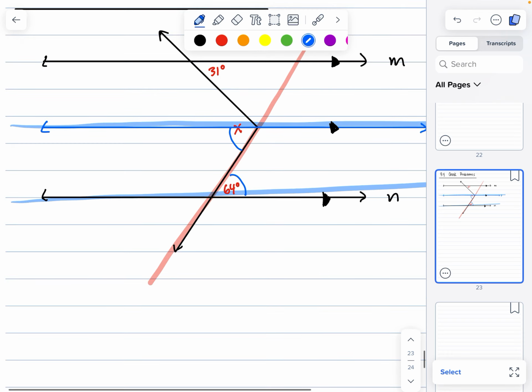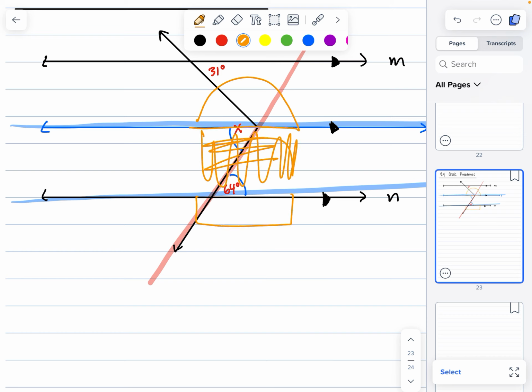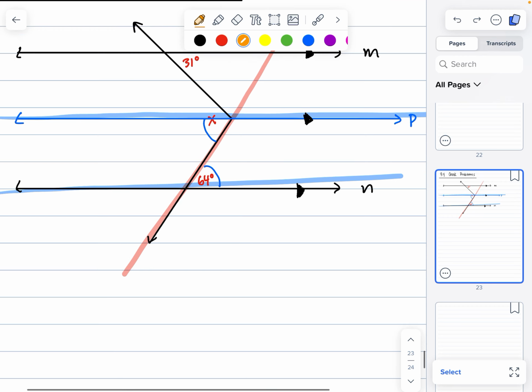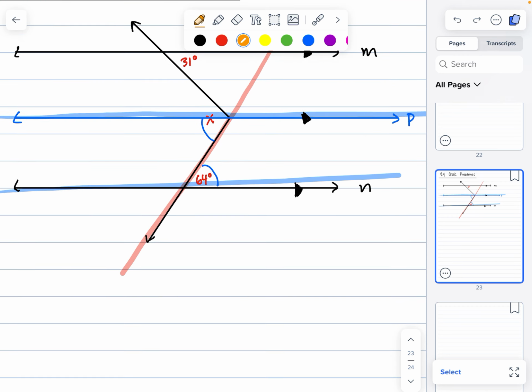If you remember, my analogy for this is a hamburger bun: we have the buns, everything on the inside is right here, and then the transversal, the red line, is your cut through the burger. So this is an alternate interior angle. And as we know, if we have parallel lines, alternate interior angles are congruent. So we could actually say that this part of X is 64 degrees.